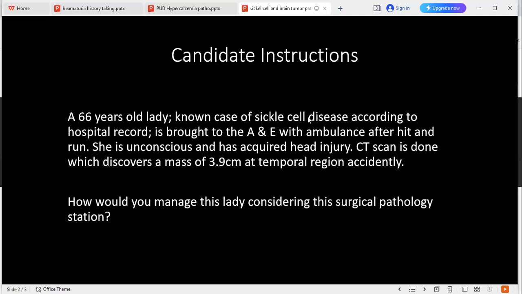Yes, the management should be according to the care of the critically ill surgical patient protocol. According to that, we follow the ABCDE approach. We should give the patient 100% oxygen for better oxygenation and perfusion of the organs.